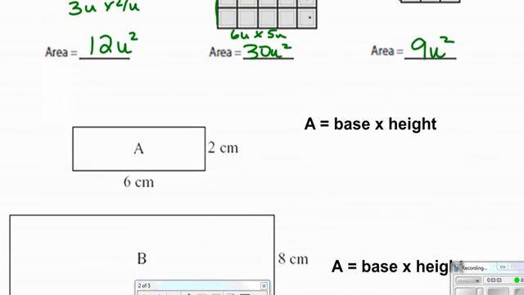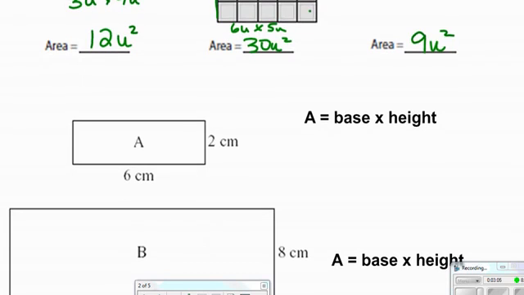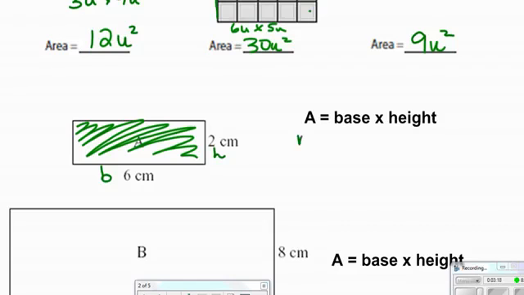And then we started saying, we're actually going to use a formula, and we're going to say that the area, the amount of space that this rectangle takes up, can be found by multiplying the base and the height. So the area is 12 centimeters squared, keeping in mind that we need to include our units.